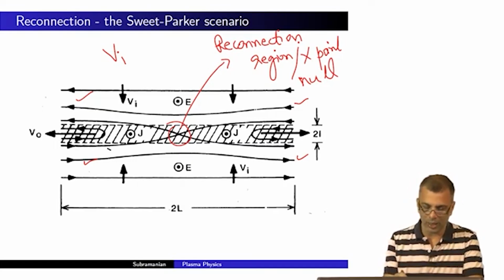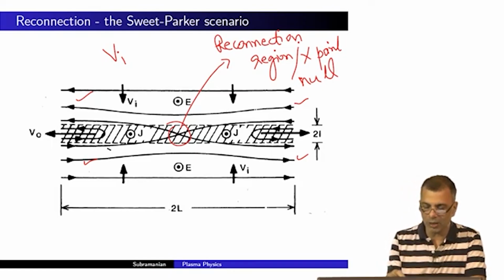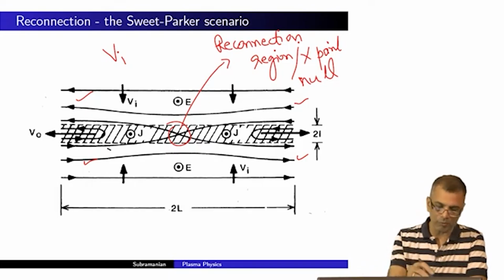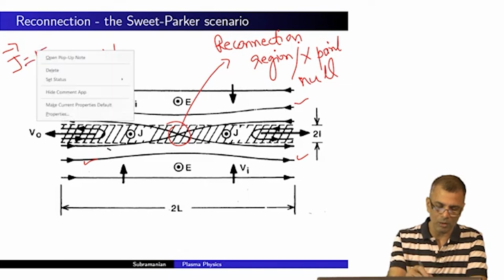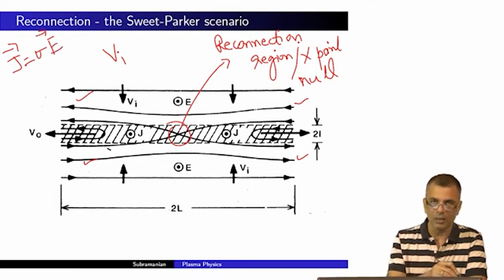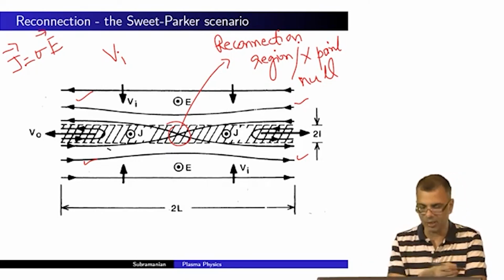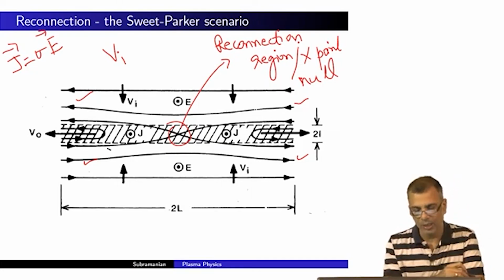And you can either think in terms of current density, or you can think in terms of electric field, because from Ohm's law, you just have J equal to sigma E. Now you have a finite sigma, not an infinite sigma. This is the conductivity, and so the J and the E go hand in hand. They are the same essentially, except for a factor of sigma.